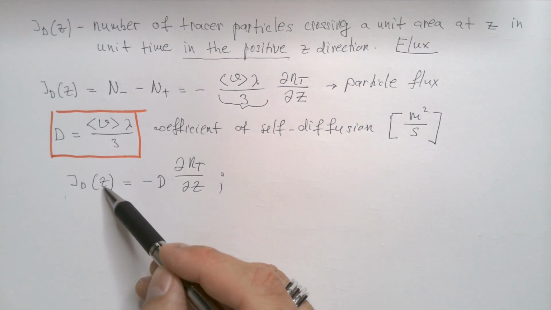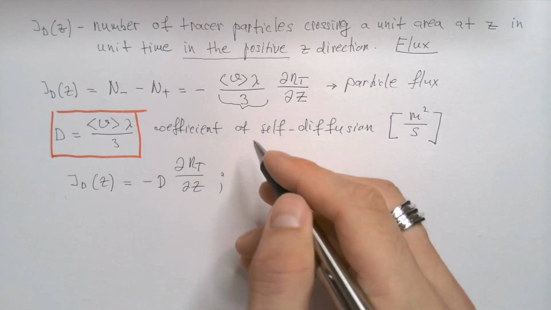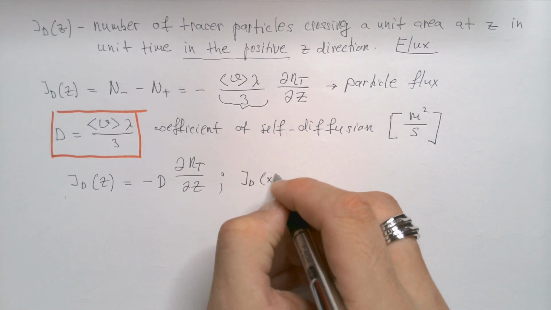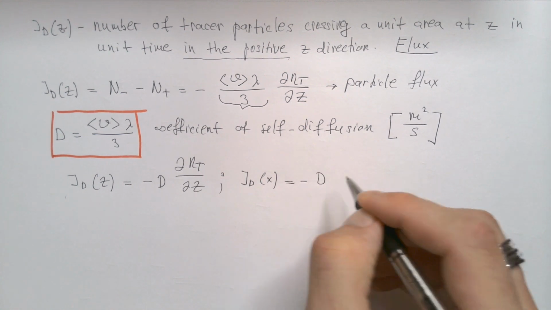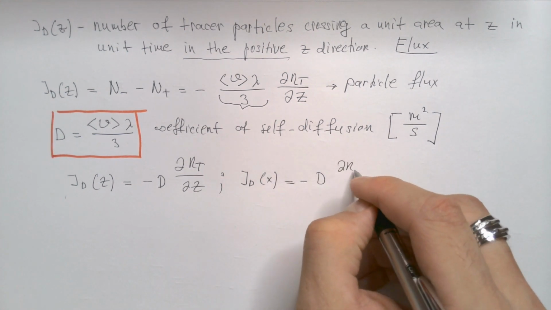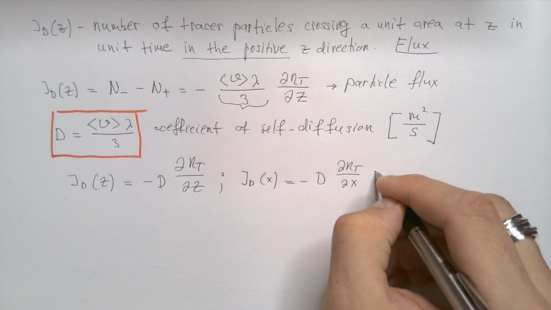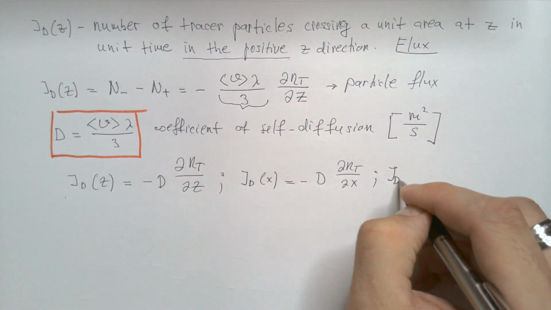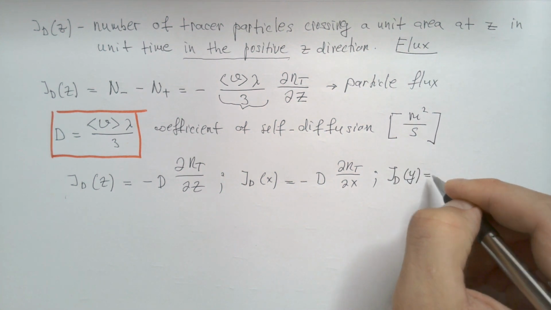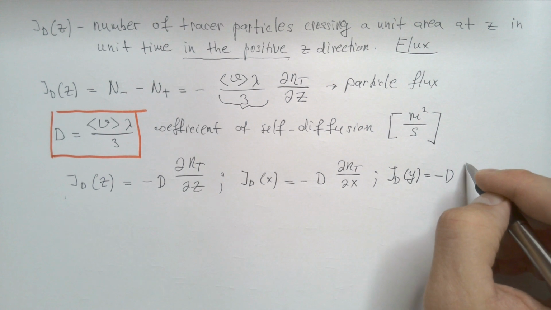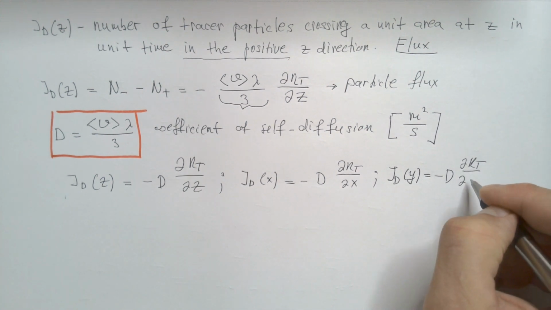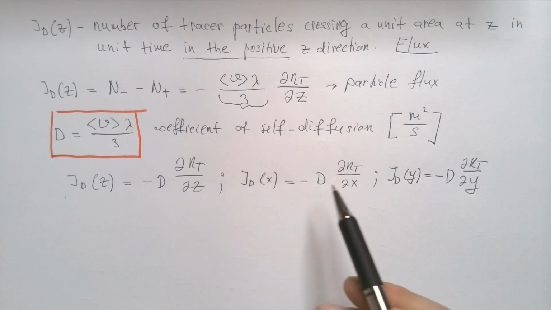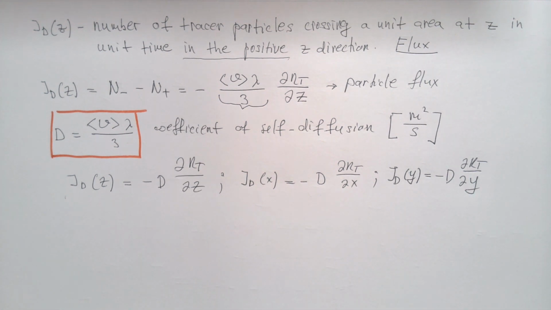Of course, there is nothing special about the z direction, so the same principle applies for the x direction, so this will be negative D delta n_t over delta x, and of course the same will apply in the y direction. J_D as a function of y is equal to negative D delta n_t over delta y, given that concentrations are changing in the z, x and y directions.